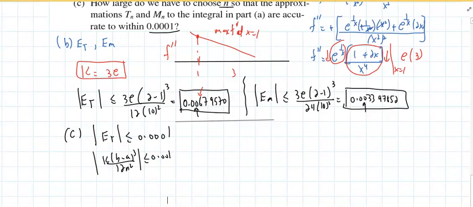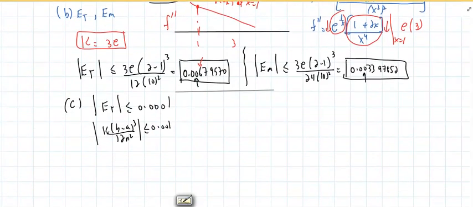Well, I know what k is. Again, that's the key to the whole problem. 3e times b minus a, it's 2 minus 1, cubed divided by 12. N is what I'm looking for. There's an extra 0 there, right? Yep.